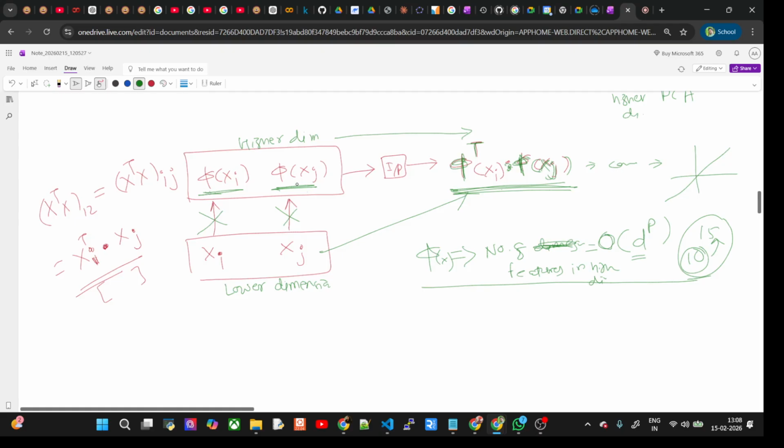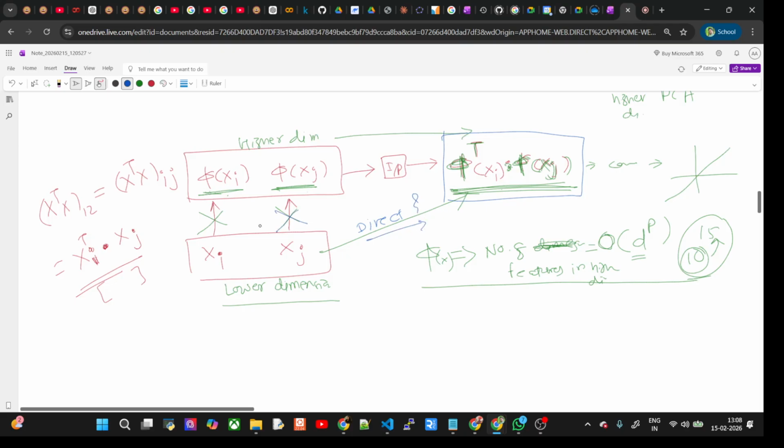So is there any way that we can avoid calculation of phi of xi and phi of xj in the higher dimension, and directly jump from the lower dimension of xi xj directly to this equation that we just wrote here? Is there any direct path for doing this?